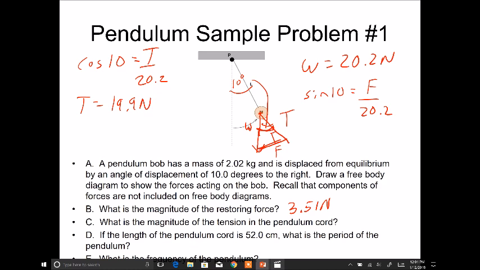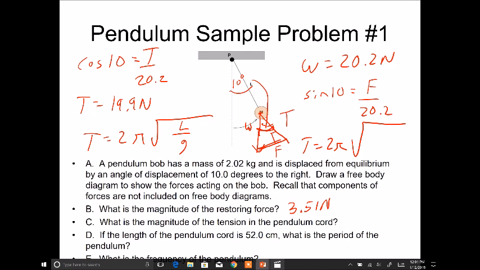Next, if the length of the pendulum cord is 52 centimeters, what is the period of the pendulum? Remember that the period of a pendulum, and here we're using T for period, not for tension, is equal to 2 pi times the square root of L over g. So T is going to equal 2 pi times the square root of the length.